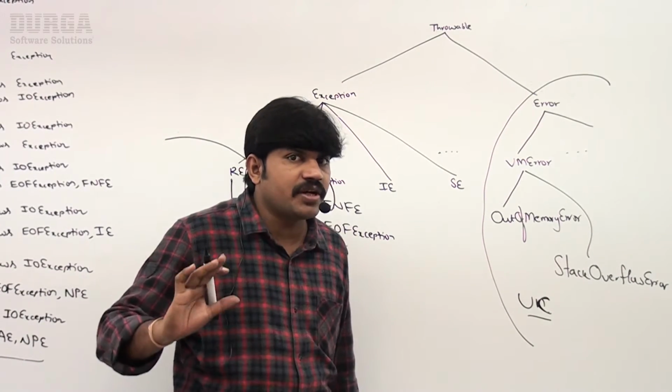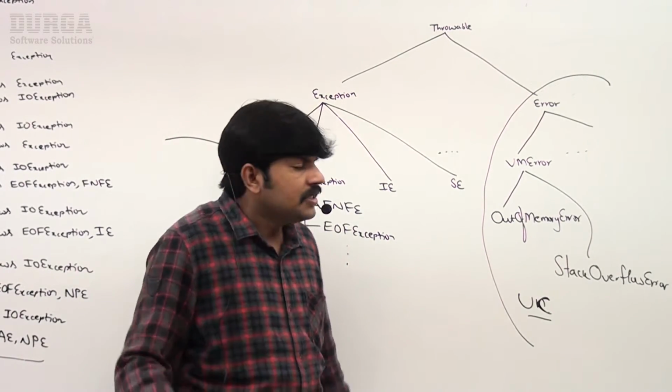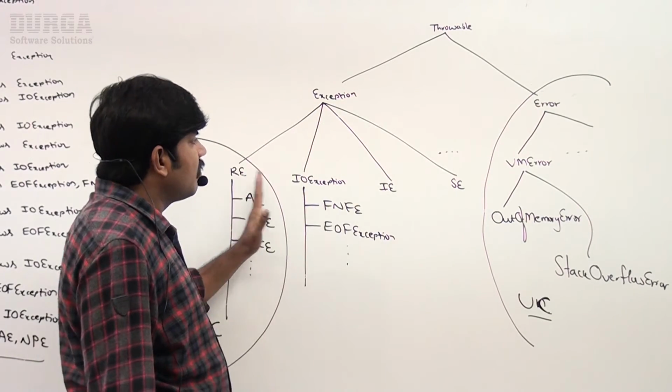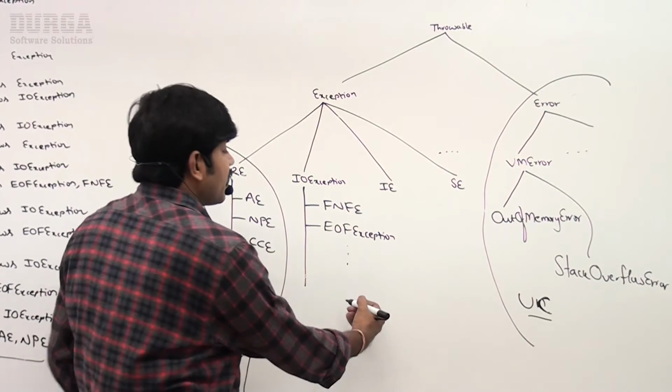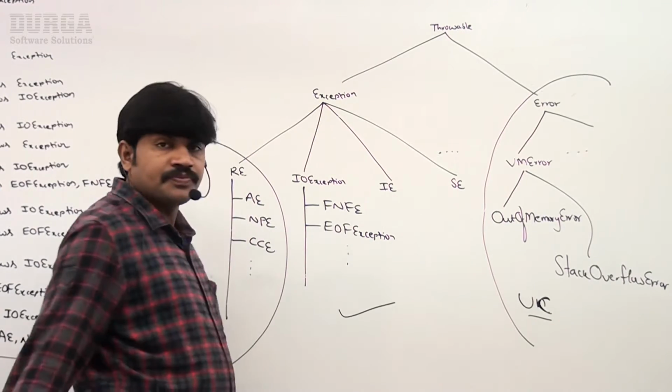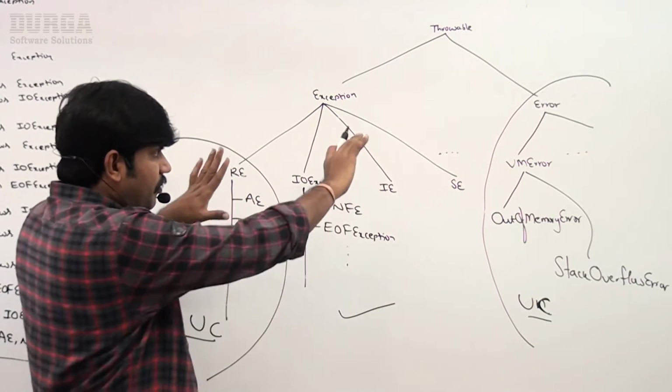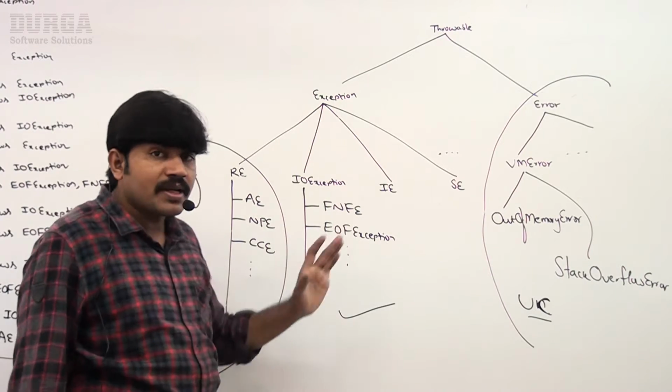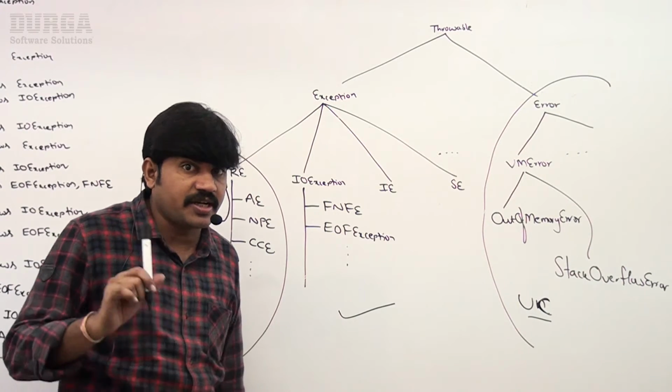Let me repeat again: RuntimeException and its child classes, Error and its child classes are unchecked. The compiler is never going to check whether you are handling them or not. Except these, all the remaining things are by default considered as checked exceptions.